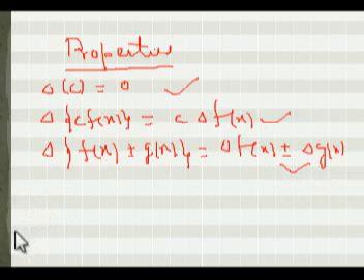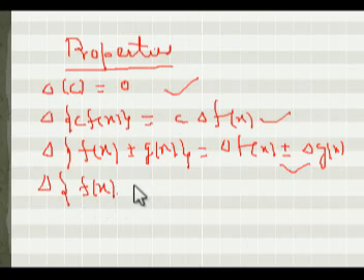And the fourth is the important one. I will not prove it, but you need to prove this. If two functions are in a product relation, then what will it be?